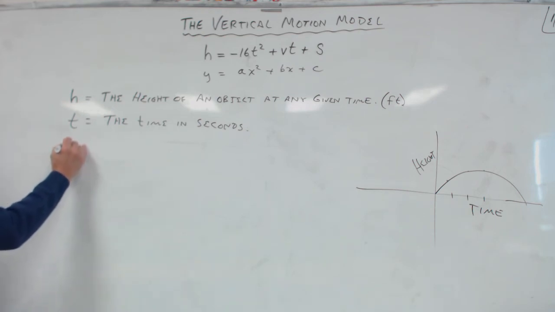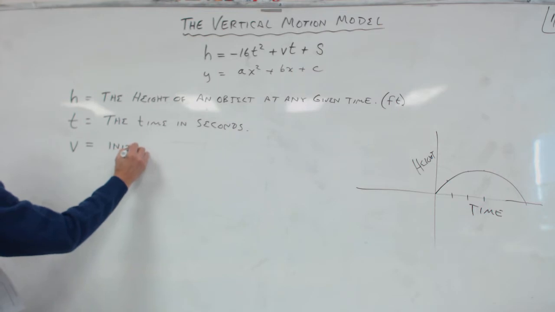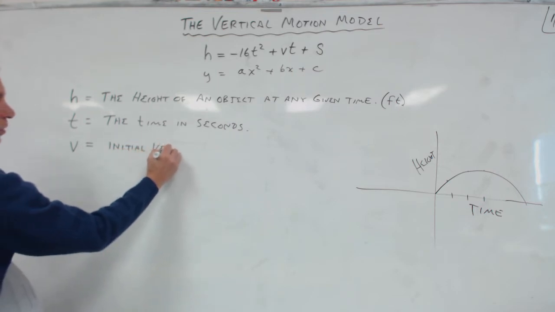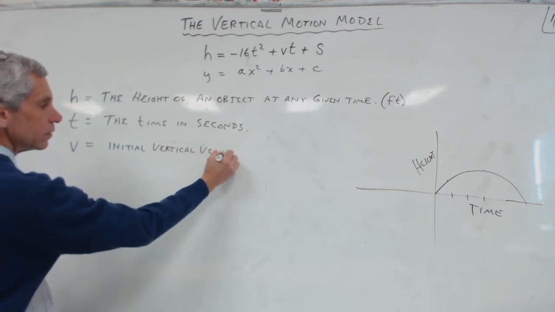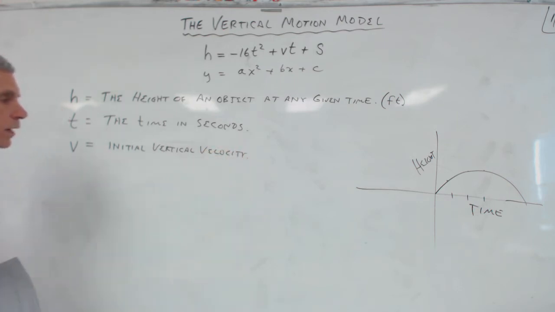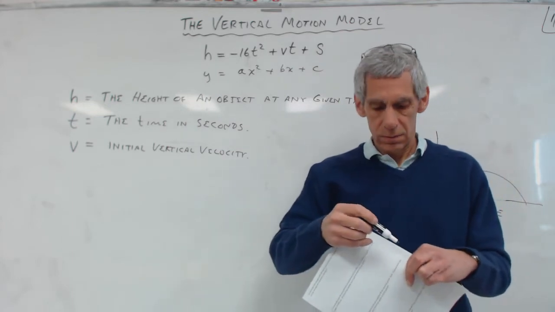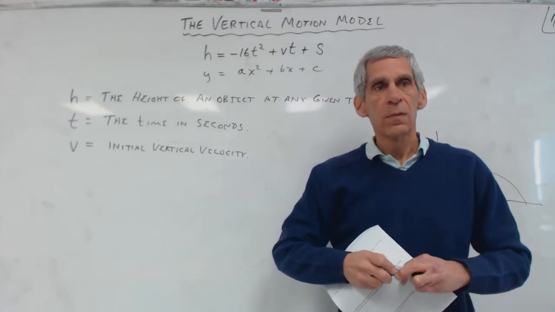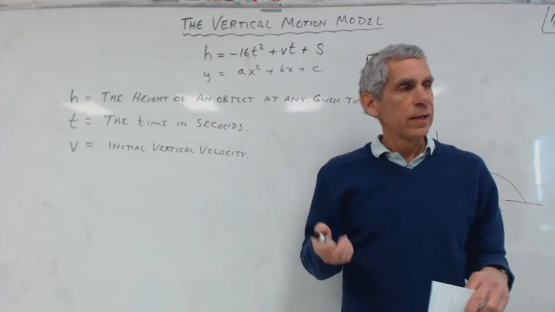V. V is called the initial vertical velocity. Okay? So what's velocity? It's how fast something's going, right? And think about it.